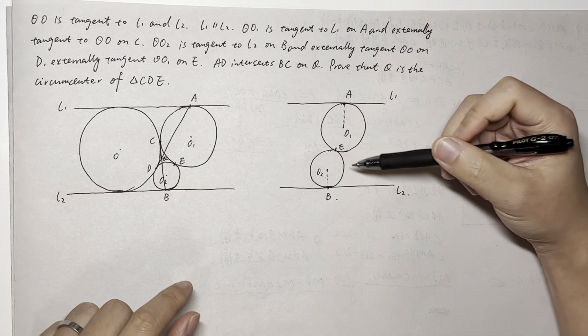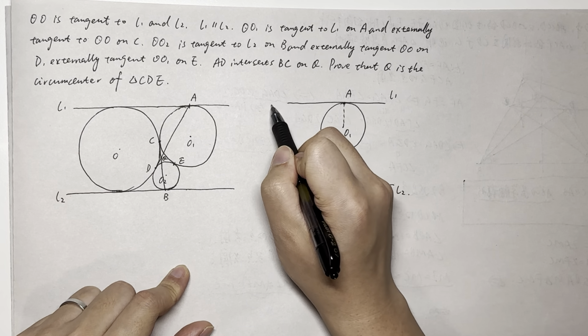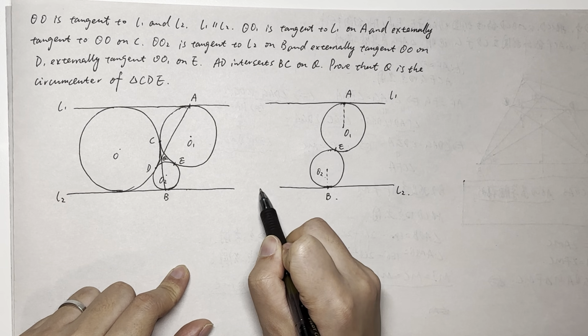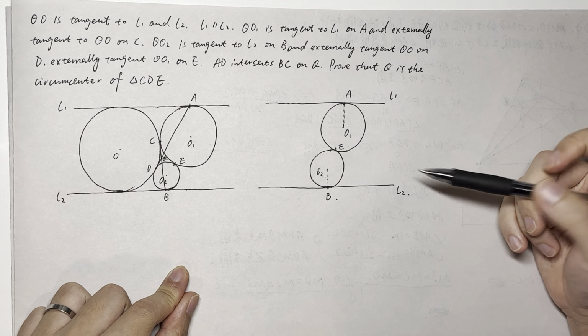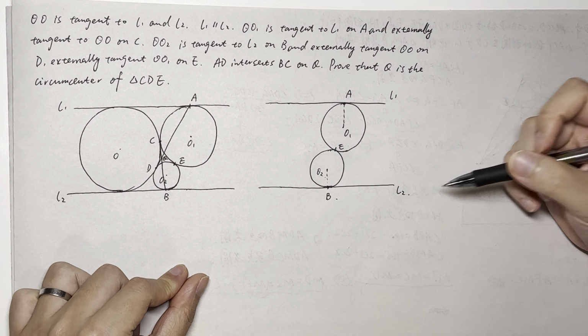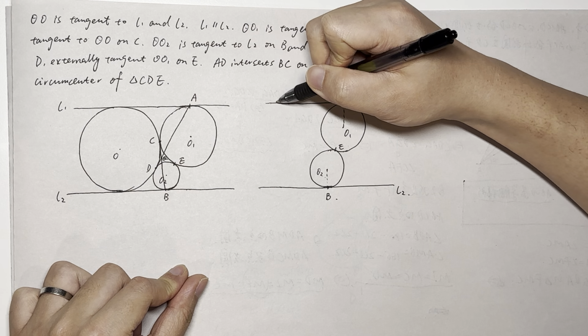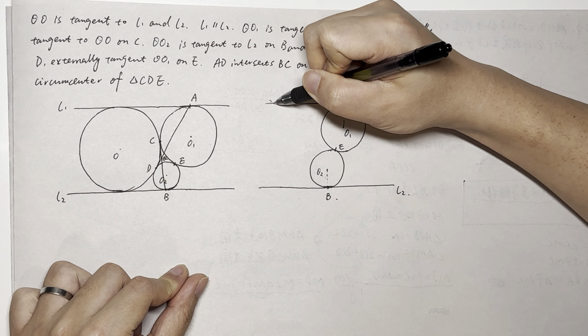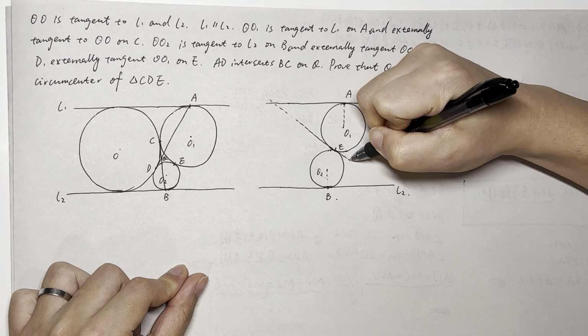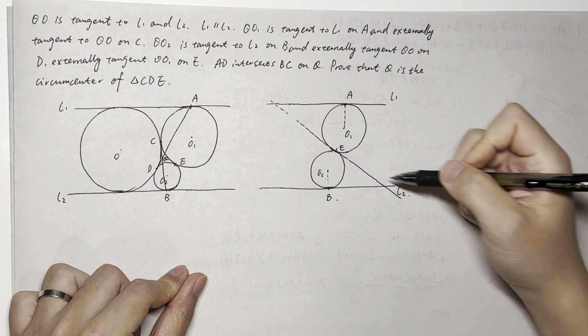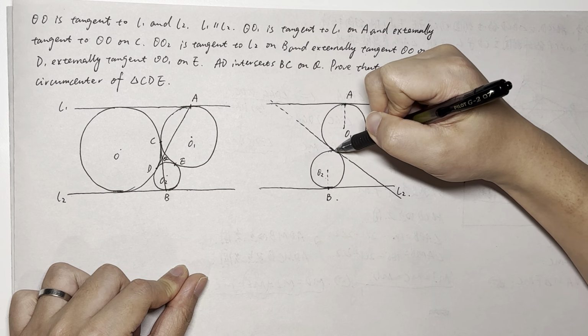A suggestion for the case where we see tangent circles: we just draw the tangent line first. That usually would be very helpful. Just draw this tangent line here.